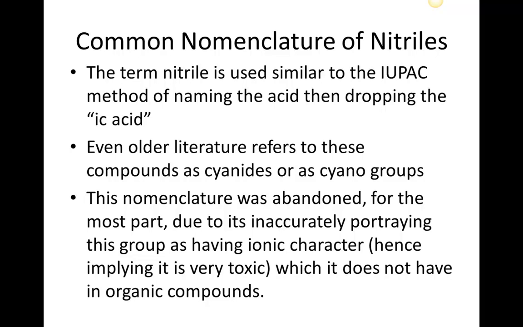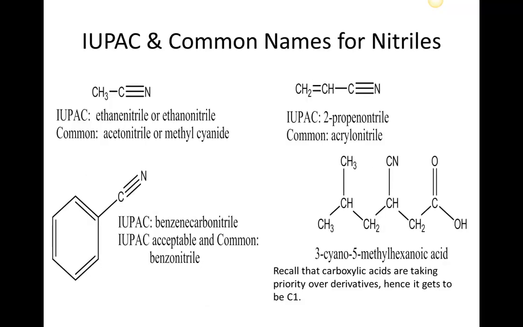It binds very strongly to hemoglobin and causes chemical asphyxiation. Well, your covalently bound cyanide groups or nitrile groups don't behave that way, and also they're not particularly water soluble. So there are good reasons not to get your organic molecules tangled up with something that's really an inorganic phenomenon. So that's why they moved away from calling these things cyanides.